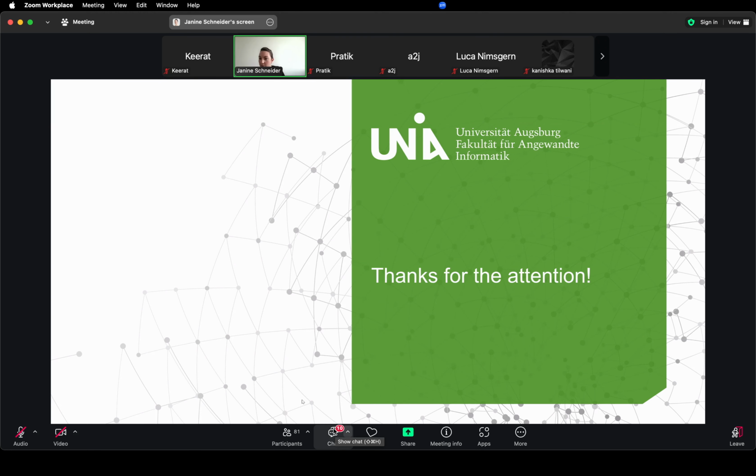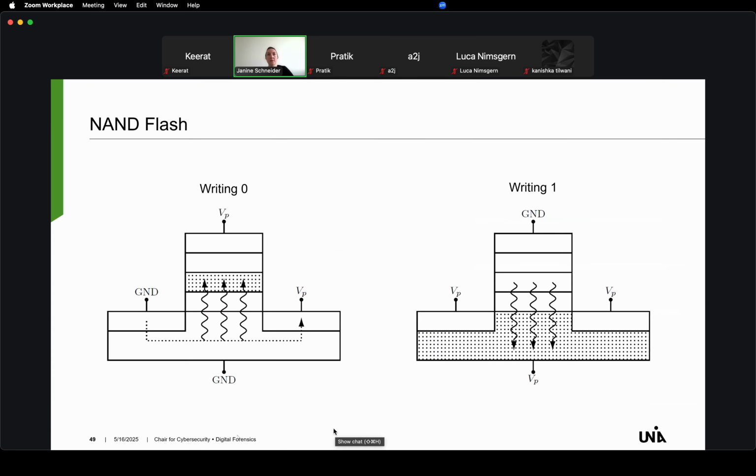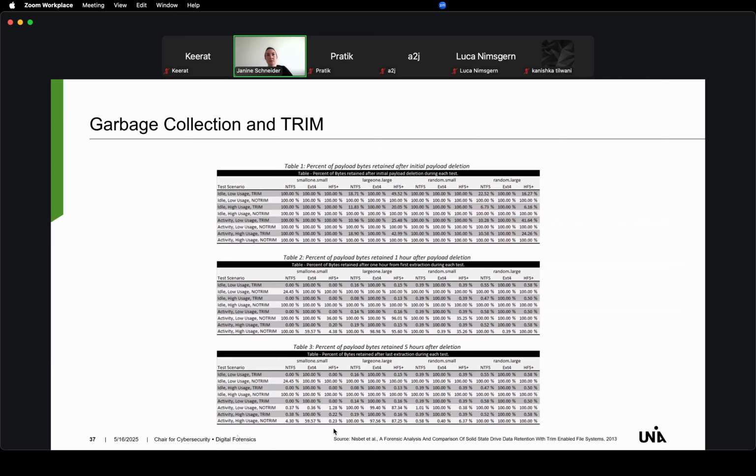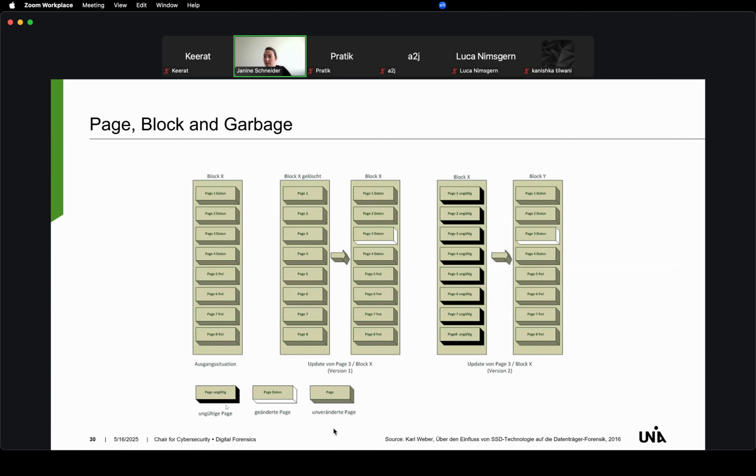Okay, number 1. Let's go back to the slide very quickly. Okay, so strategy 1: copy the block to a buffer, delete the original block, then change the specific page, then write the block back to its original location.